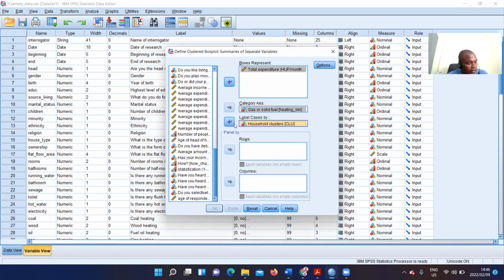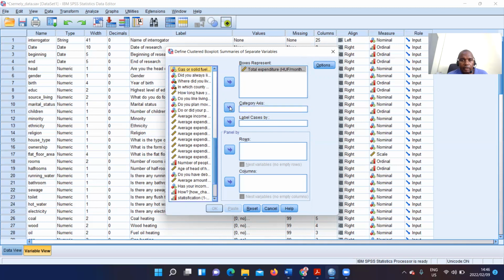So we're defining total expenditure. The category axis is gas or solid fuel. Label cases define. We do that.